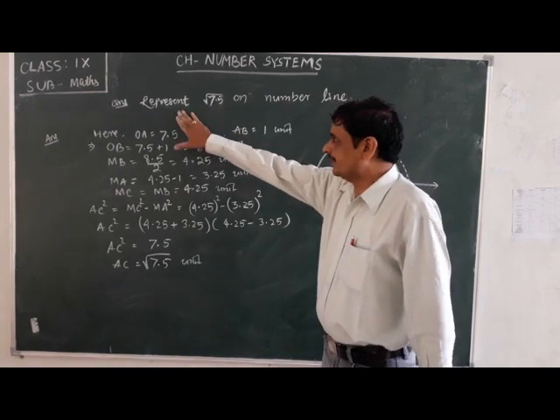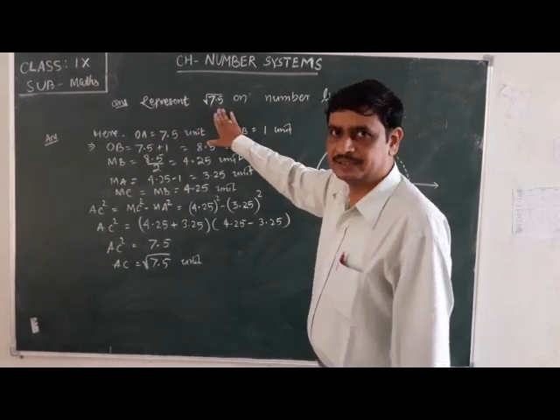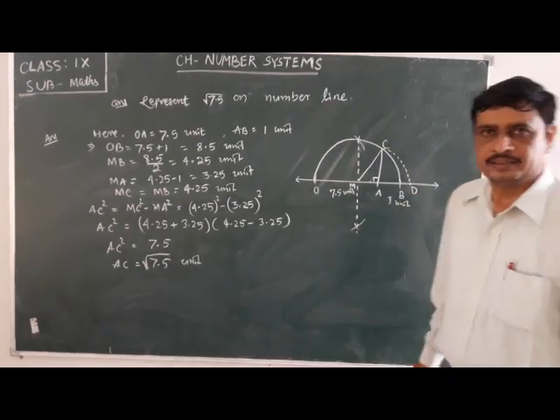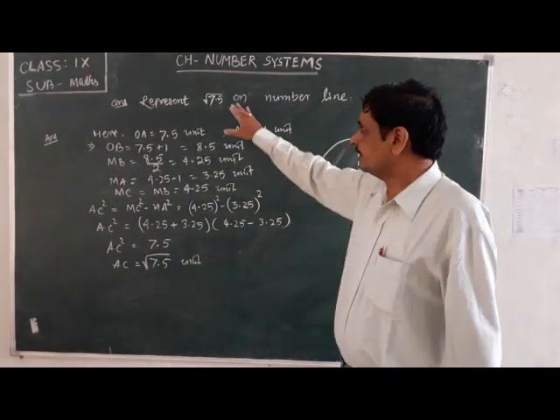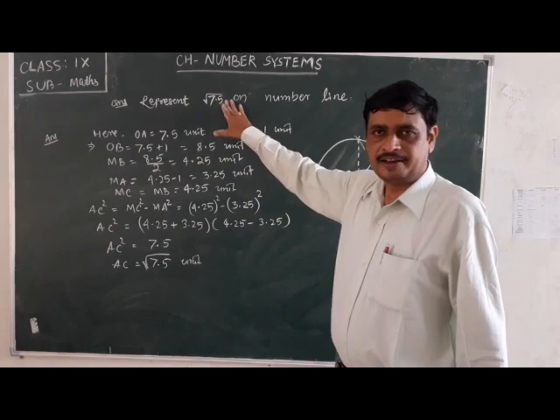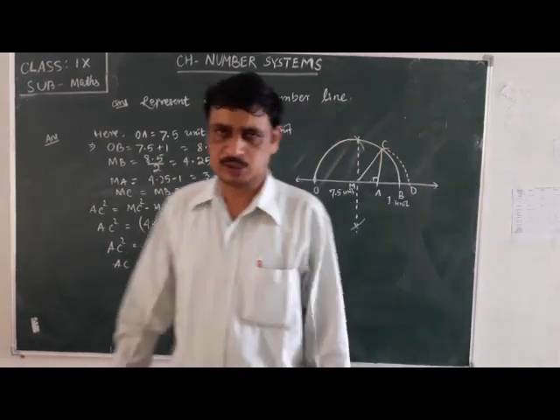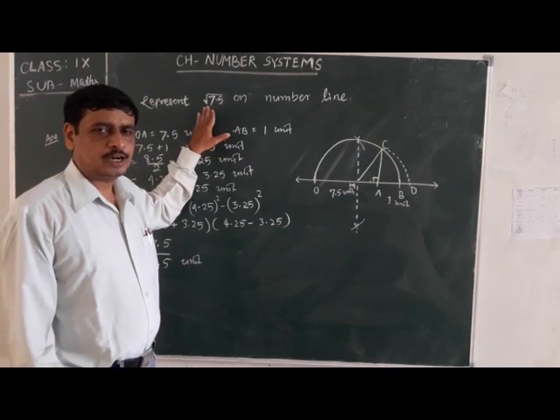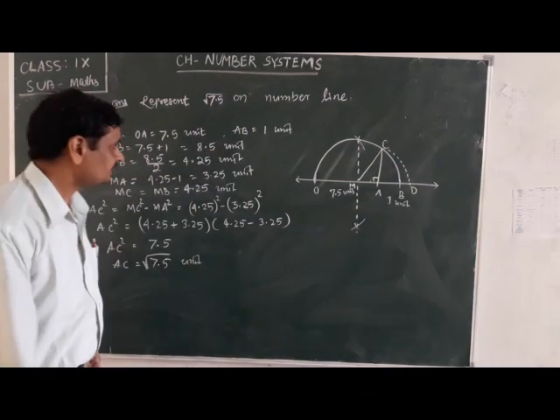Here we have to represent root of 7.5 on number line. Here this number has decimal part also. Root of 7.5, how to represent it?